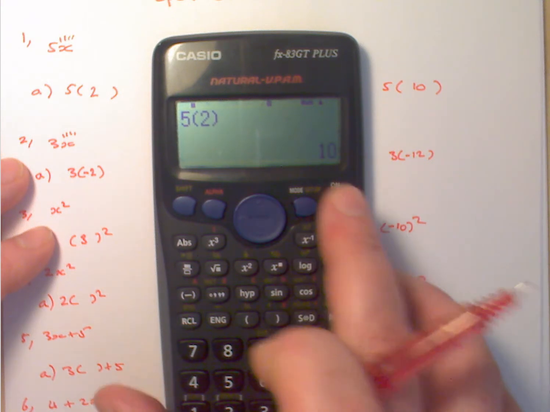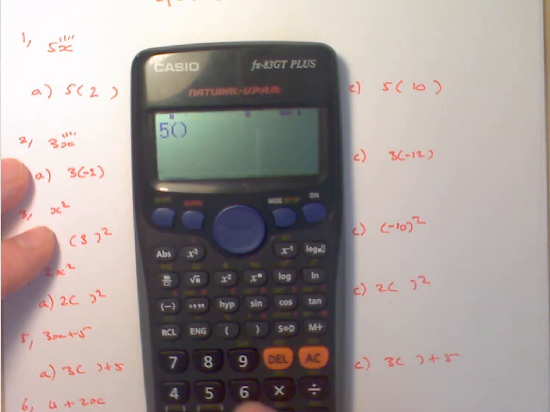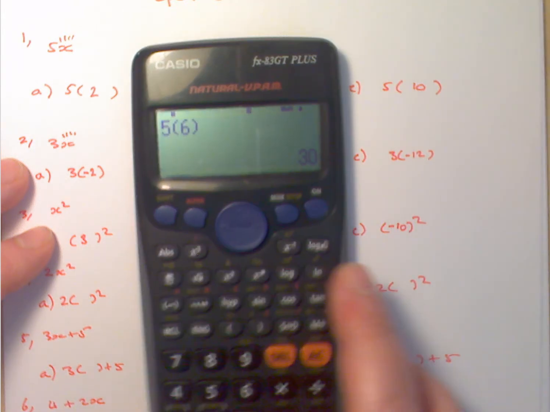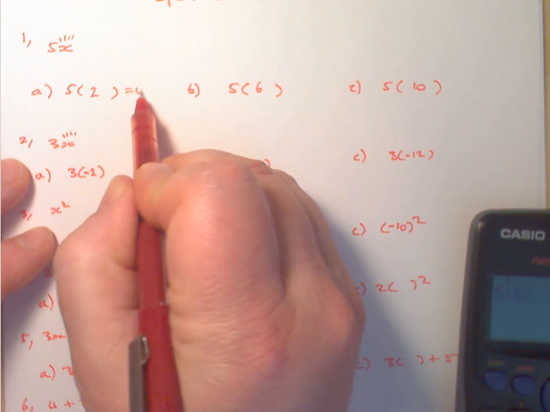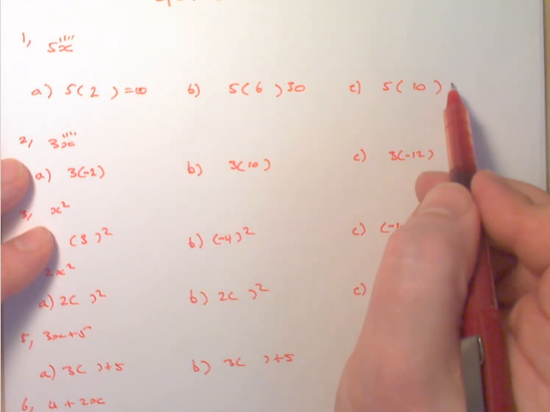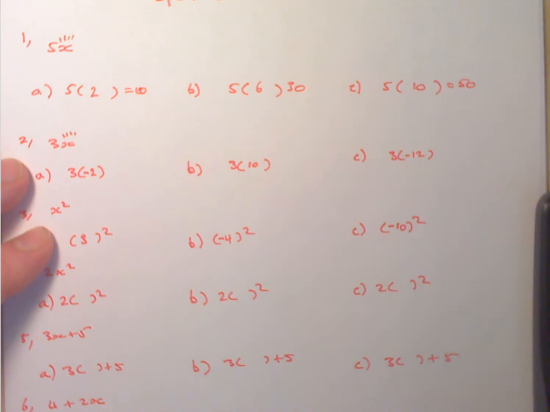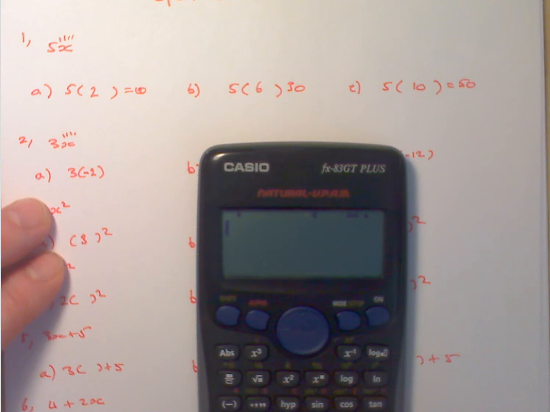And in the next one, they wanted 6. So I put 6 there, it gives me 30. So that one is 10, that one is 30, and if you do this one, you get 50. To be honest with you, with that one, you might get away with not using brackets, but you'll see soon how brackets will become very, very crucial.